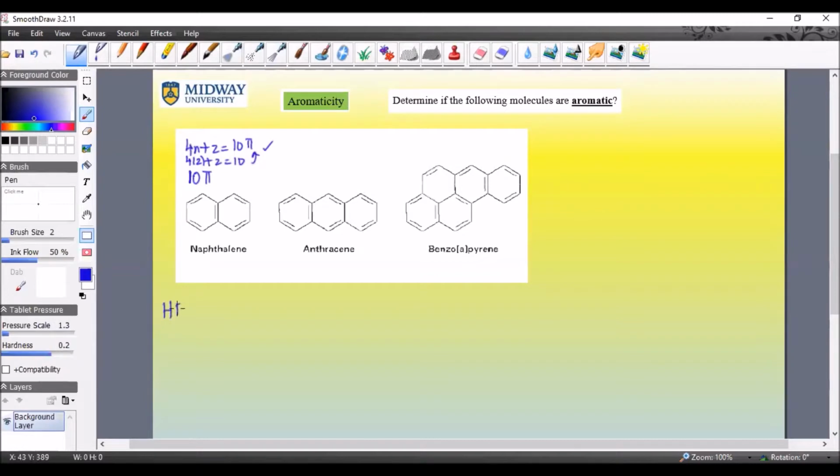So I'm going to call it H-R with a tick, which means it obeys. Now the question of whether we have alternating double, single, double, single, double. I'm going to use this for double and use this for single. So this is double, single, double, single, double, single, double, single, and then double here. So single, double, single.